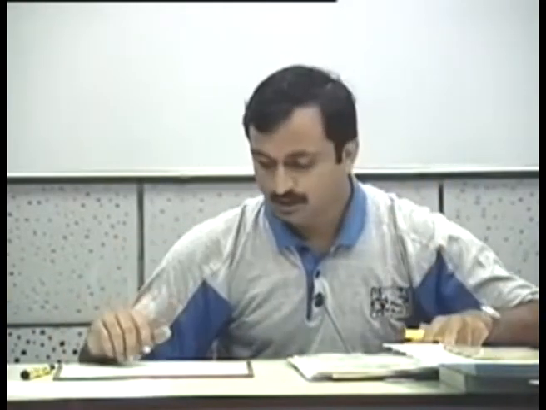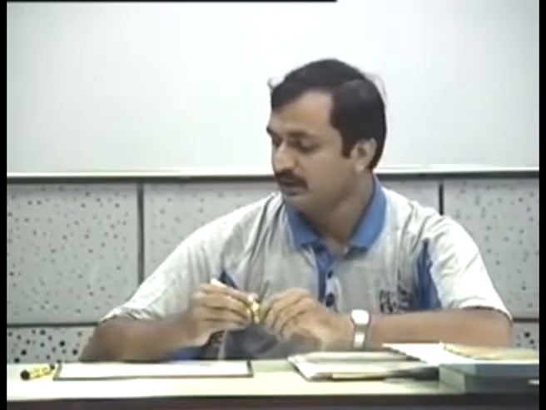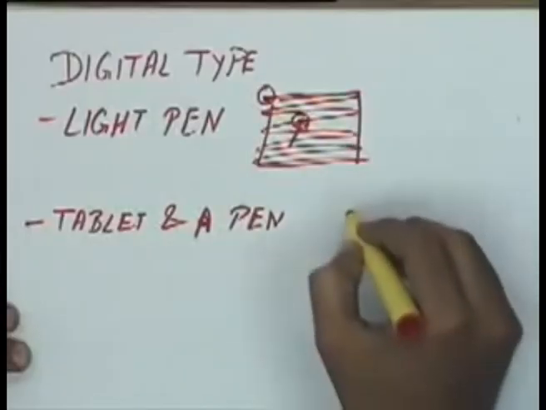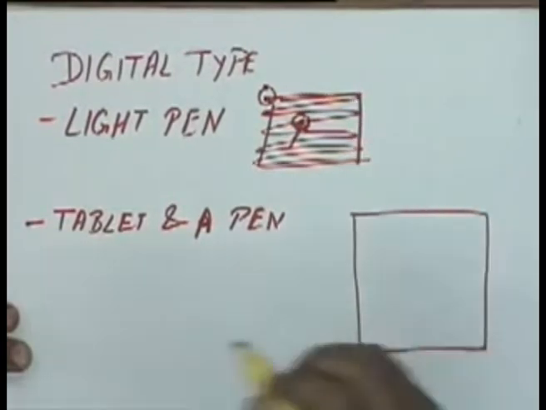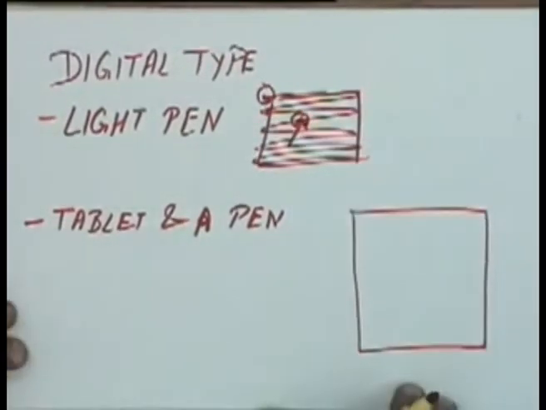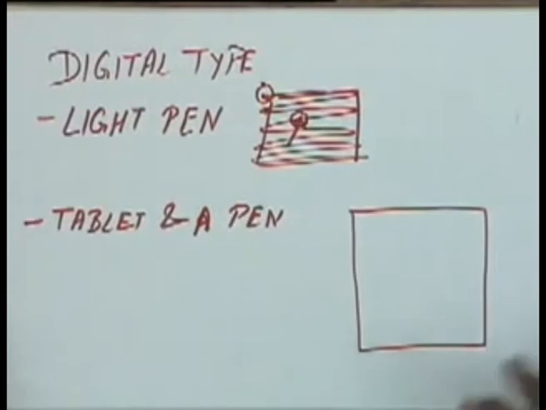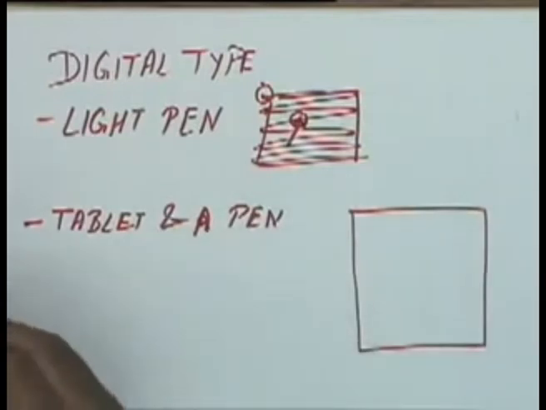Now, a tablet is a rectangular pad. This rectangular pad has a grid of wires under it, and on top of that we take a pen. I think I have a figure here.